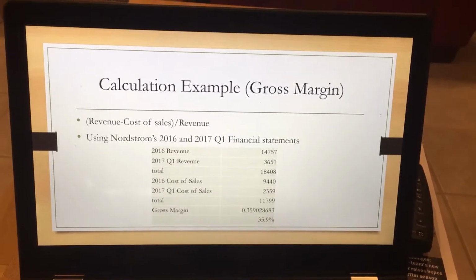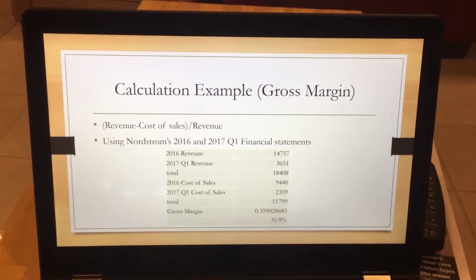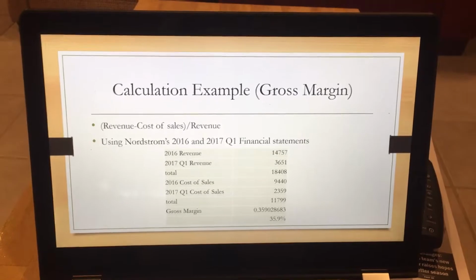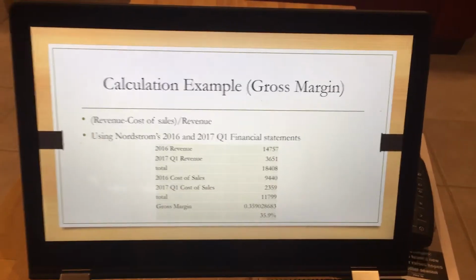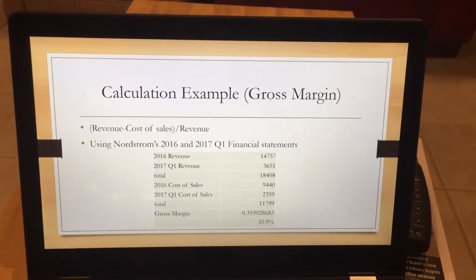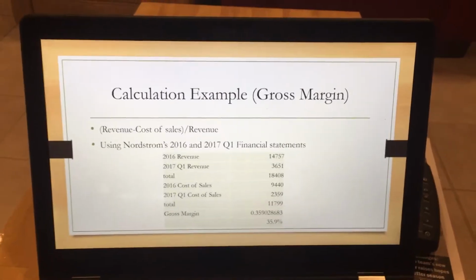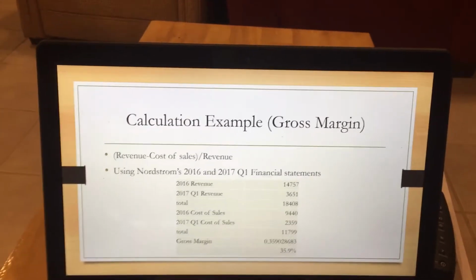Then I divided all of that by the total revenue that I calculated previously, and that gave me a gross margin of 35.9% for Nordstrom.